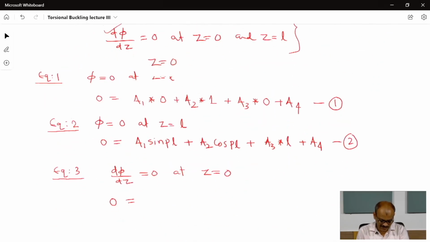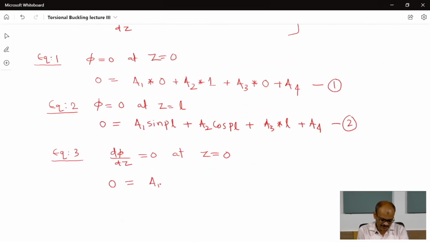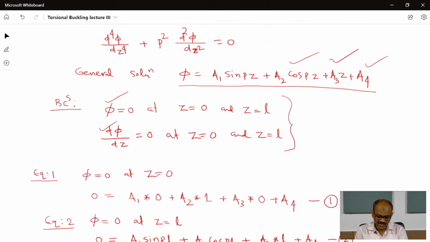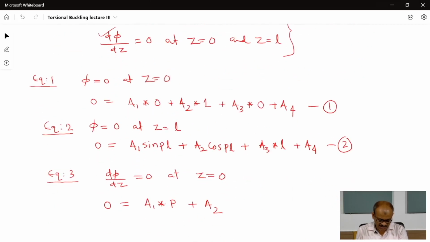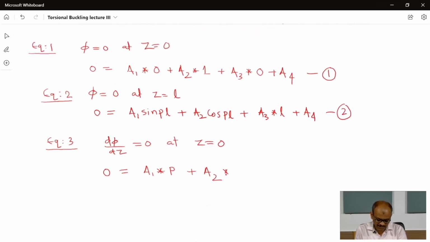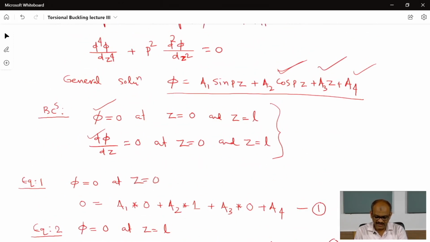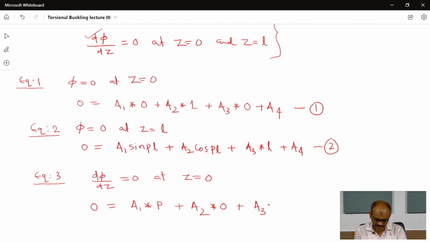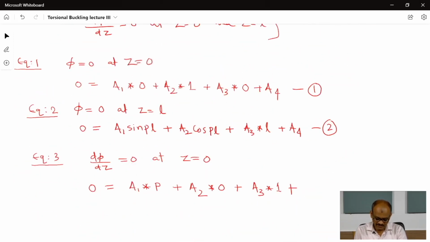So a1 into p, and cos 0 is 1. Then a2 cos, once differentiated, gives sin, which becomes 0 at z equal to 0. Then a3 differentiated is simply a3 into 1, and the constant differentiates to 0. So this is the third equation we got.